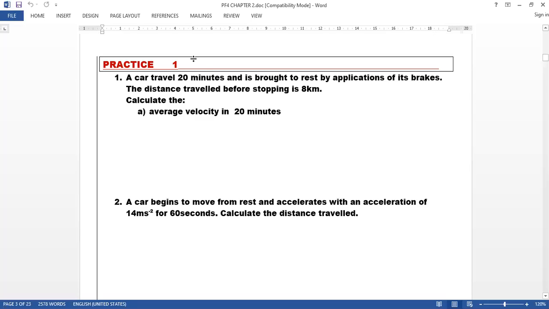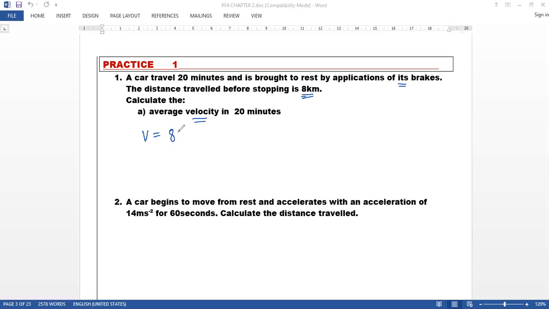By using all the formulas you learned just now, let's try to solve this. A car travels for 20 minutes and is brought to rest by application of its brakes. The distance traveled before stopping is 8 kilometers. Calculate the average velocity. So average velocity will be total displacement, which is given as 8 kilometers.